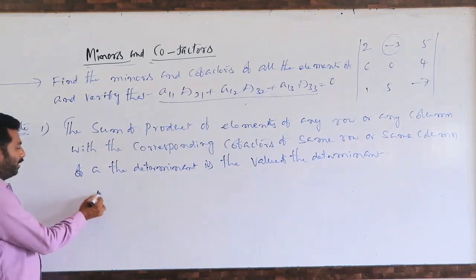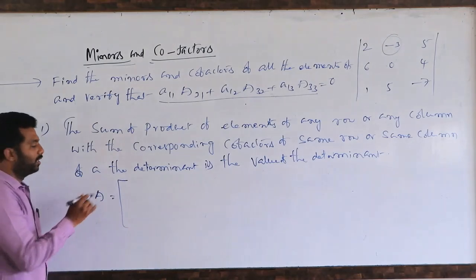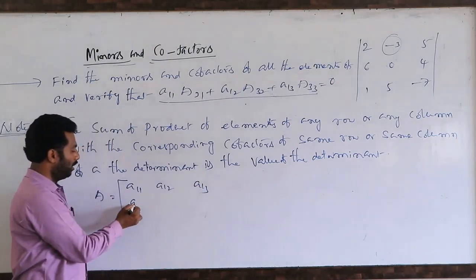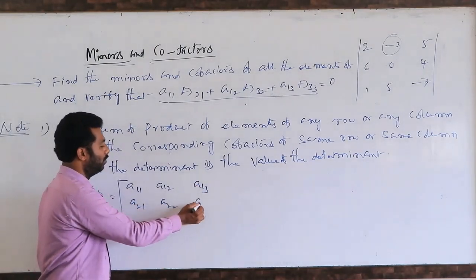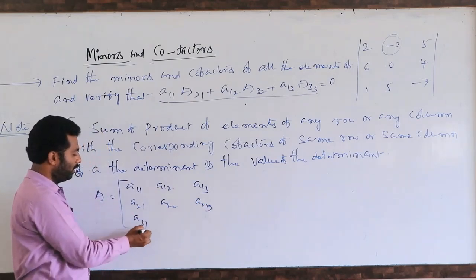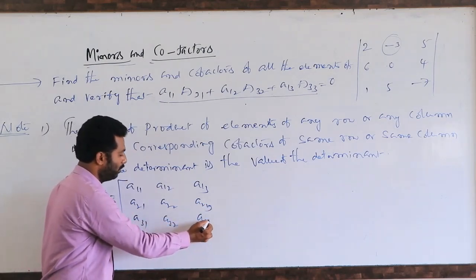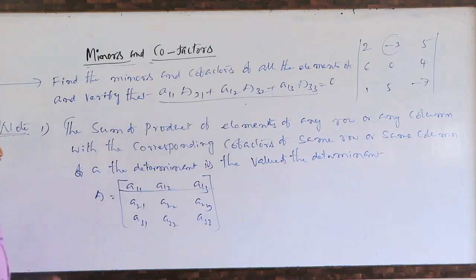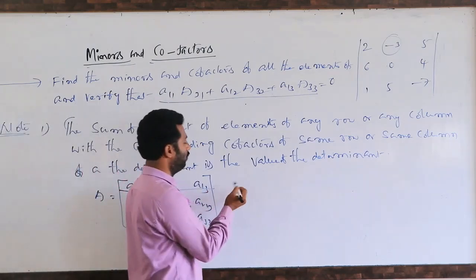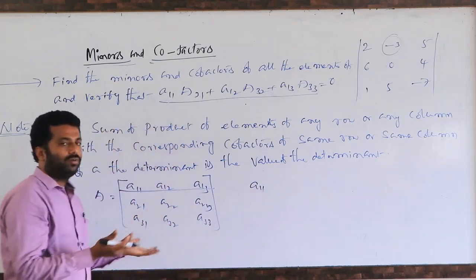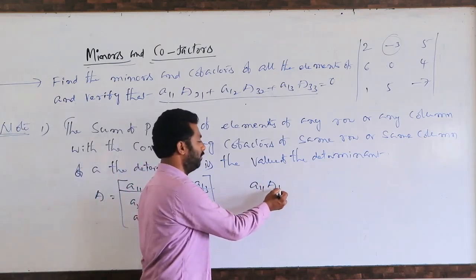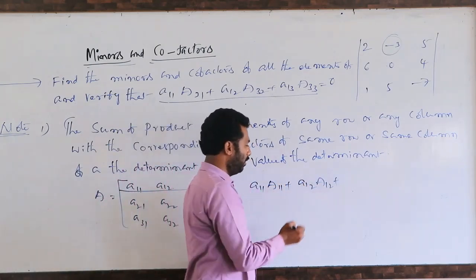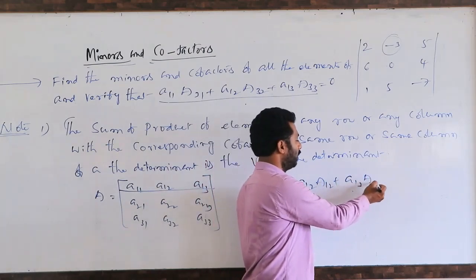See here. Suppose one matrix I am taking. Just observe, this is the most important result. A11, A12, A13, A21, A22, A23, A31, A32, A33. Suppose you choose the first row. What is the first row? A11, A12, A13 with the corresponding cofactors. A11's cofactor is capital A11, A12's corresponding cofactor is capital A12, then A13's corresponding cofactor.